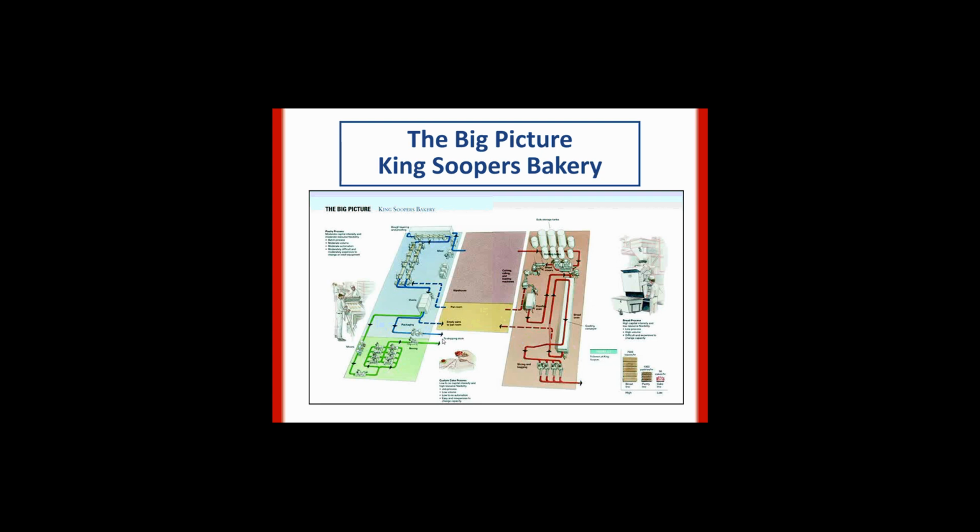For these 3 processes, the first product that King Super make is bread, a loaf of bread. Second product is pastry. Third is customized cake. Okay, by the look at this picture, you might guess that customized cake will be some type of maybe a small batch.